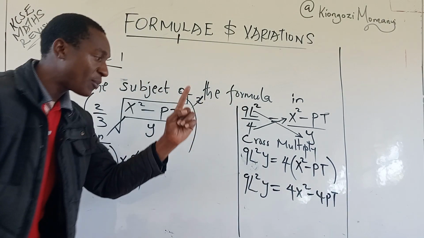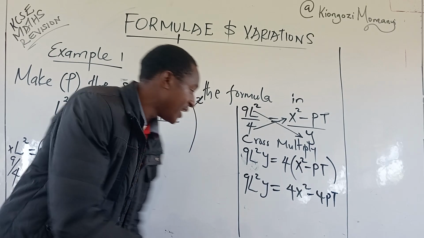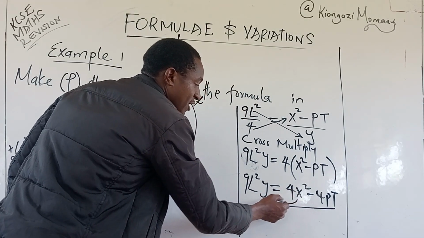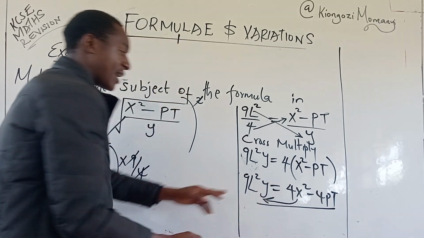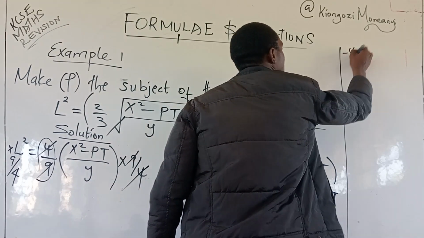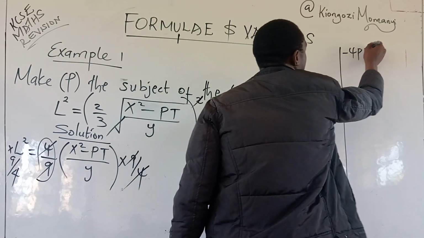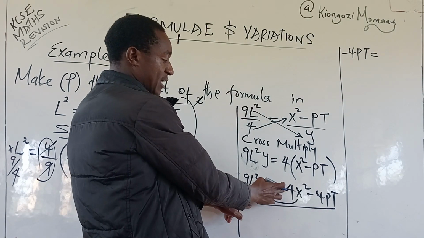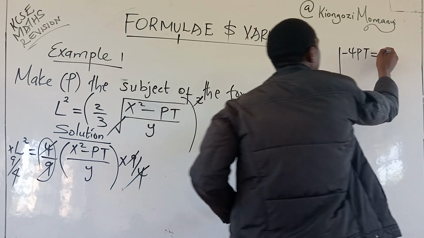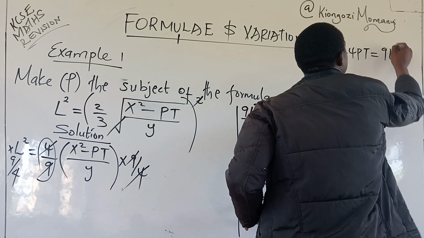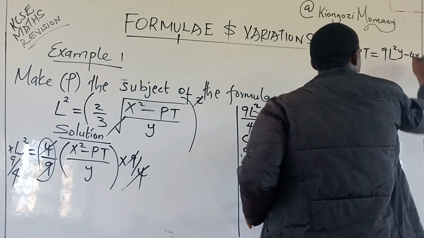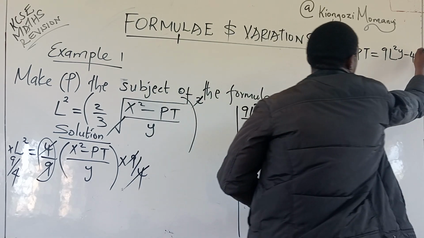We are looking for the independence of 4pt. And that makes us take this one to the other side. That is, negative 4pt will be left. This one goes to the other side, it is a positive, it becomes a minus: 9L squared y minus 4x squared.